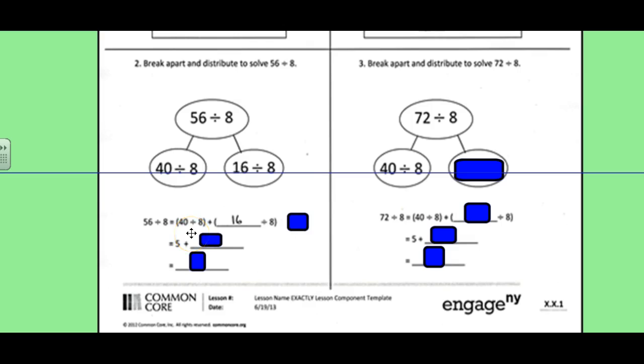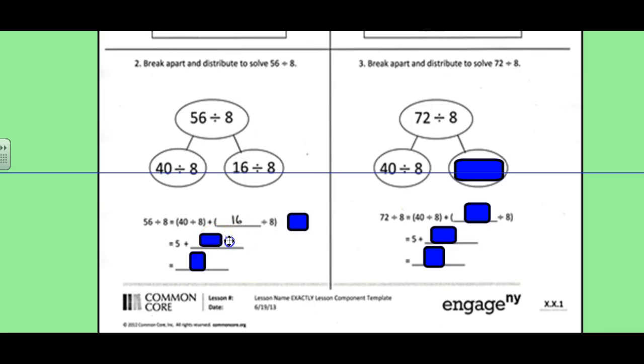Now we have to solve 40 divided by 8 and 16 divided by 8 to get our addition equation. We already know that 40 divided by 8 is 5. I want you to solve 16 divided by 8, and I want you to write that answer right here in this blank. If you need to push pause to do that, go ahead and do that. I know that 16 divided by 8 is the same thing as saying, what am I going to multiply 8 by to get 16?